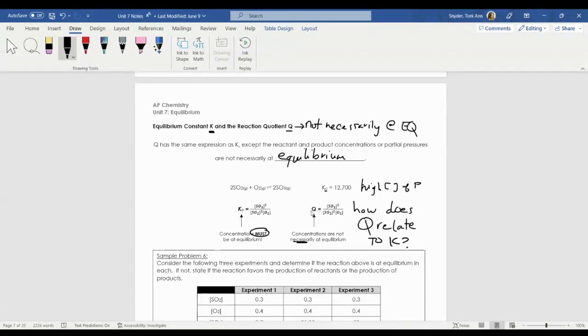If I'm given a certain set of conditions, and that equals the equilibrium constant, then I know that at that particular moment in time it's at equilibrium.